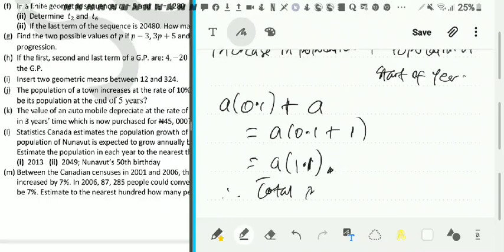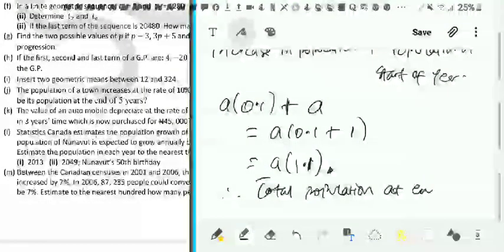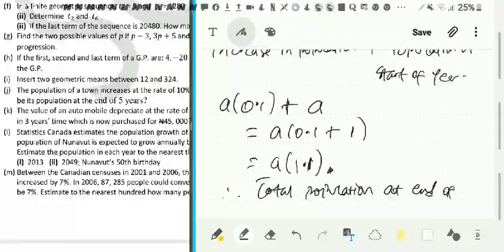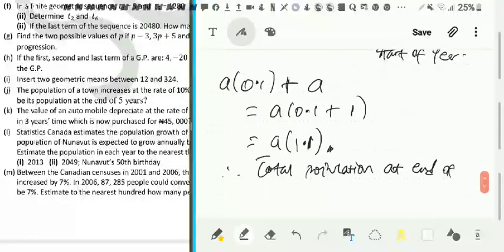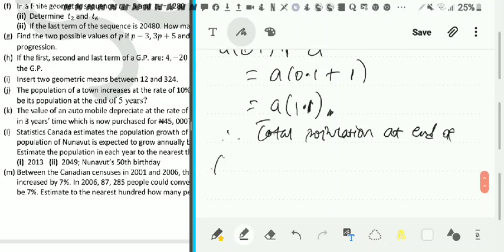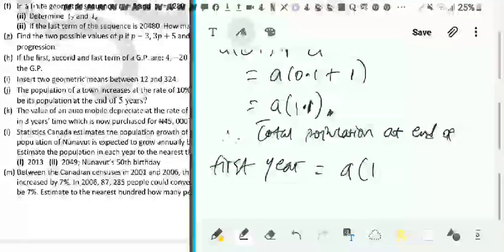So the total population at the end of the first year is equal to A open bracket 1.1.